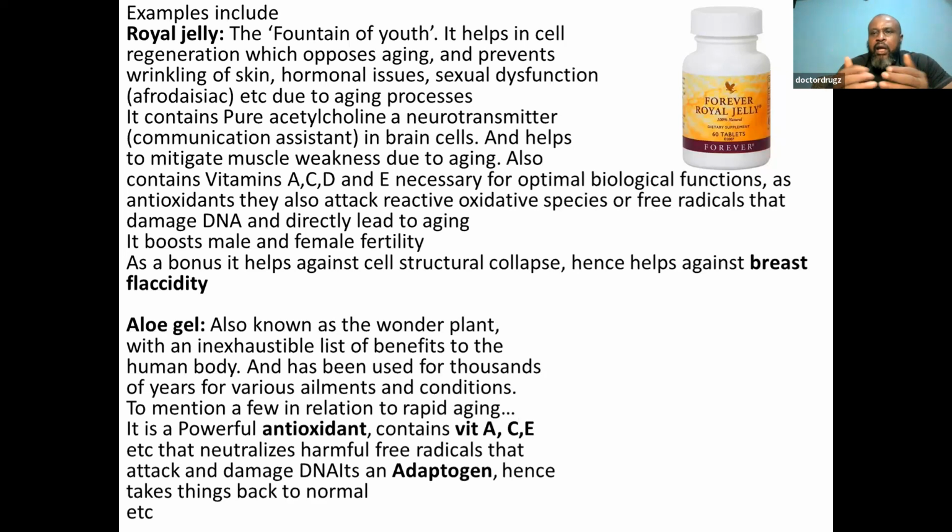It's a neurotransmitter and helps the brain cells to communicate with each other and helps people that are aging not to lose their memories, and also makes them have more rapid response times to situations. And then it also helps to rejuvenate cells that are being damaged as a result of the aging processes. In fact, it's called the fountain of youth.